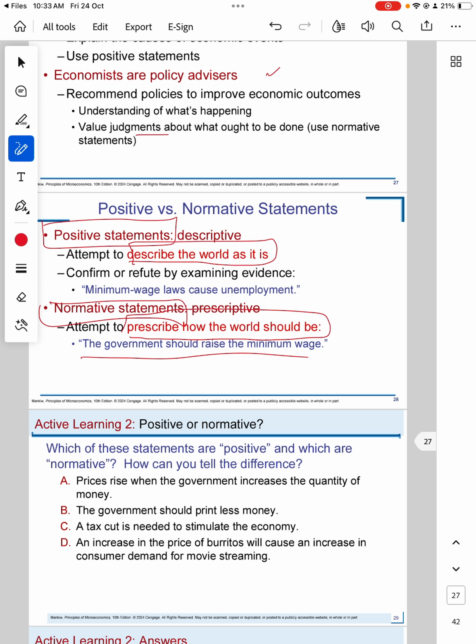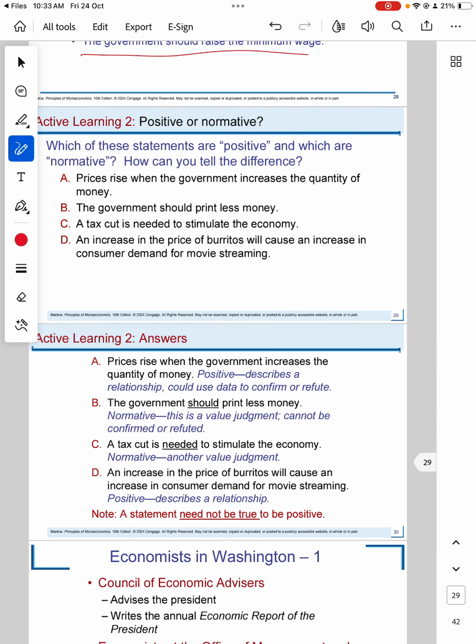It says it should be like this. So the government should raise the minimum wage. So that is the positive and normative statement.